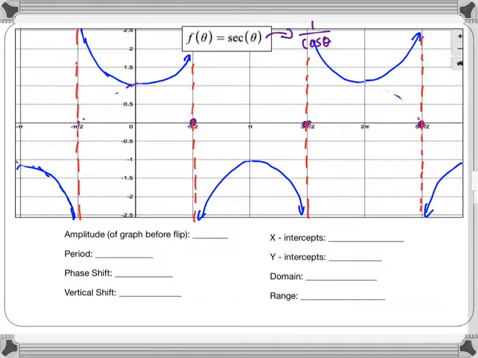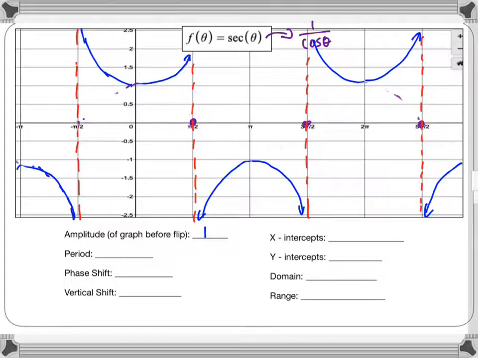So in its parent form, we know that we're going to have the amplitude of 1 because that's what cosine had, again, before we flipped it on over, an amplitude of 1 between each peak and valley. And then we have the same thing, which is going to be a period of 2 pi.